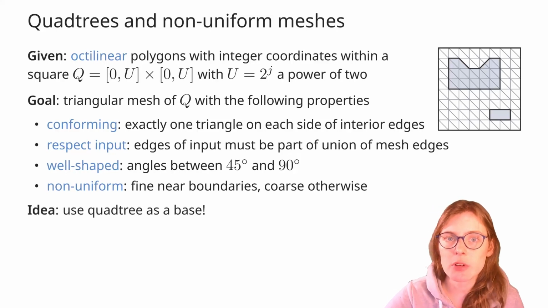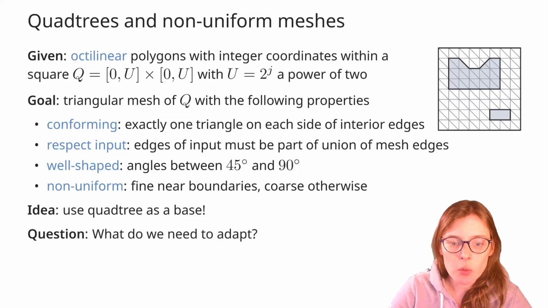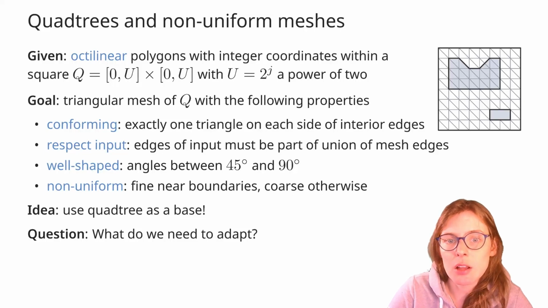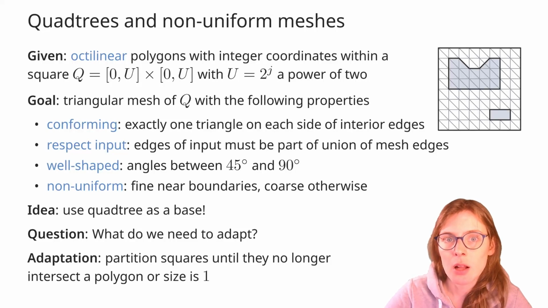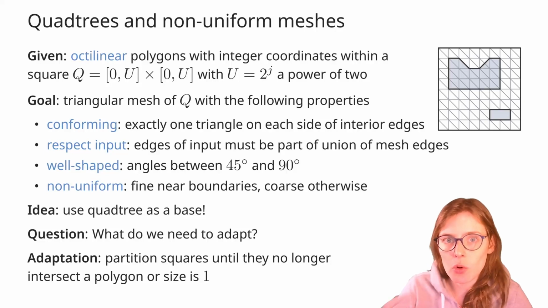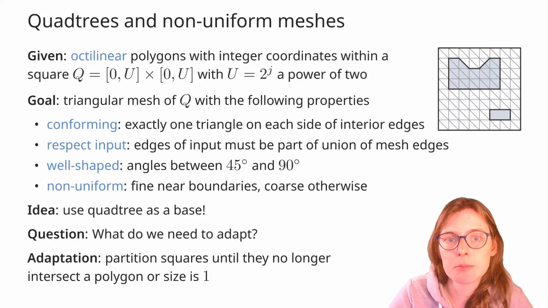We will use quadtrees as a base of building such a mesh. So far, we have learned how to build quadtrees on sets of points. Here, the input are polygons. What do we need to adapt to make quadtrees work here? Well, let's partition squares until either they are empty or they are of unit size.